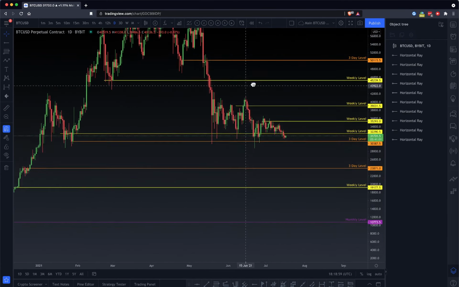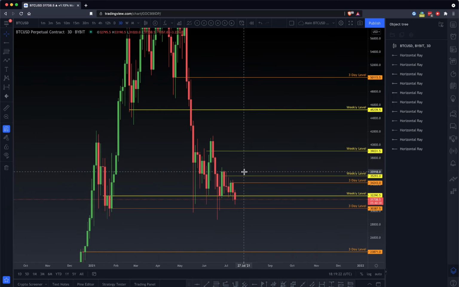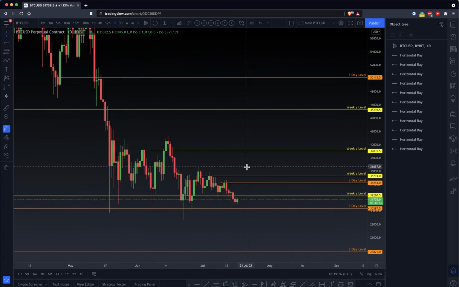We have so much resistance locally. Till 36k it's just resistance after resistance to the upside. So it's just massive resistances.